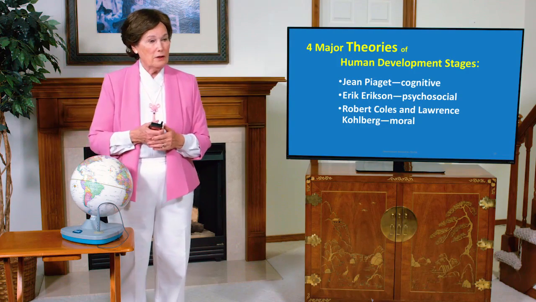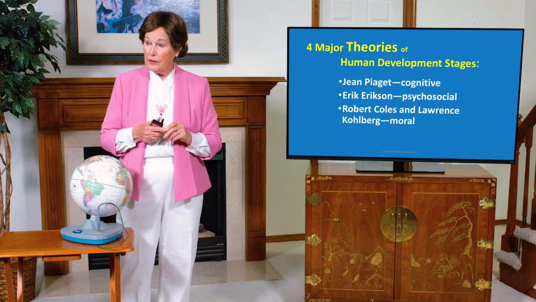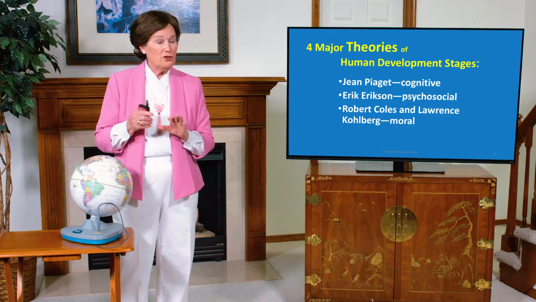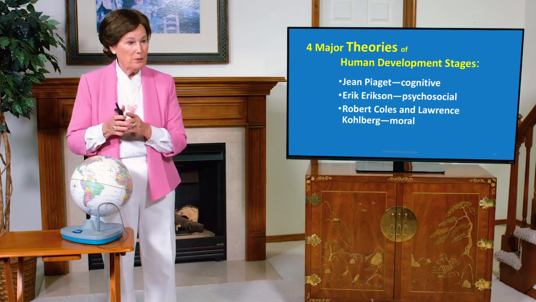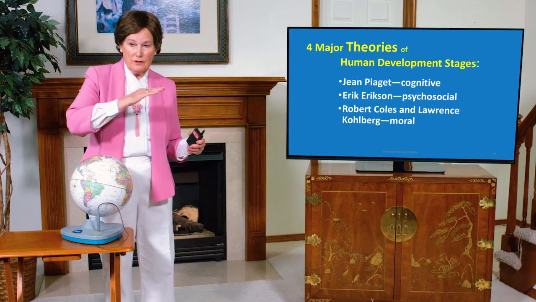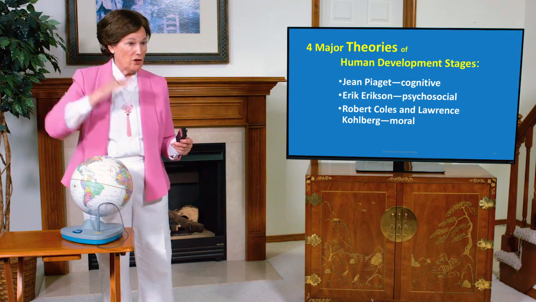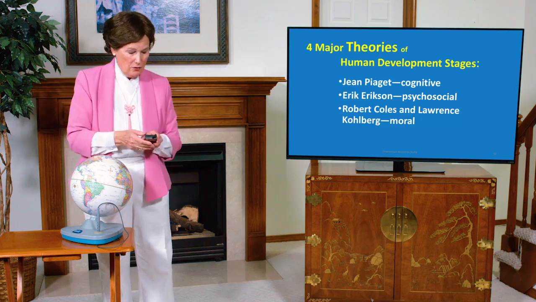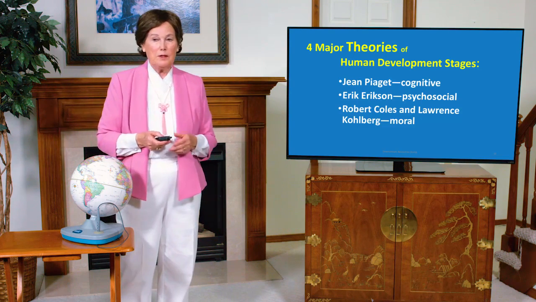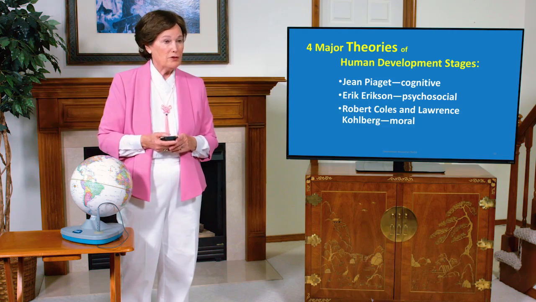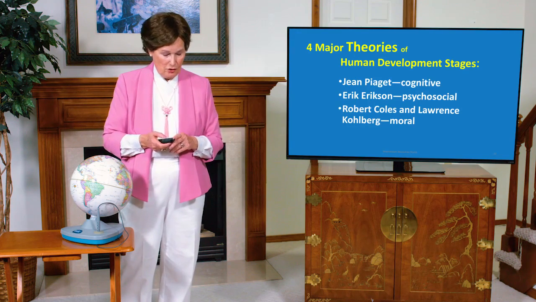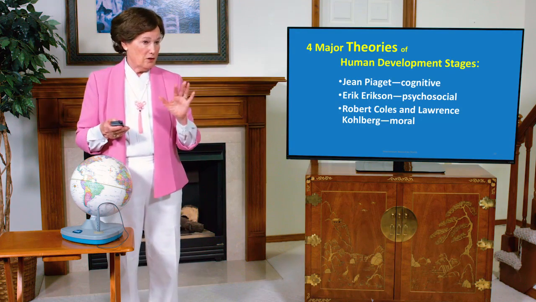So we're going to look at several theories of development. These are all stage theories, and what that means is you start at one level and you progress to other levels, usually higher levels. So Piaget, you've probably learned about him if you studied anything in the field of education. We'll see an illustration of that.